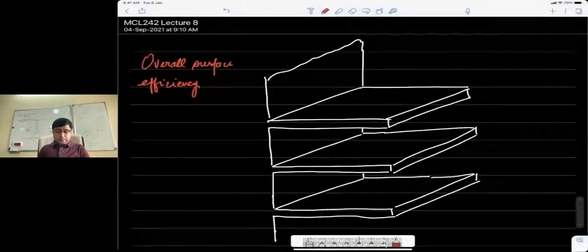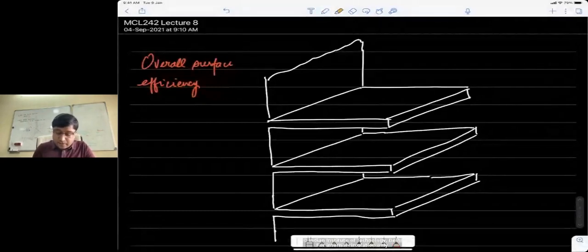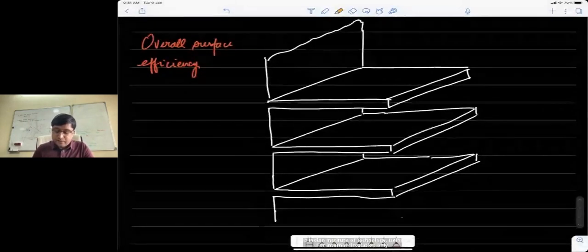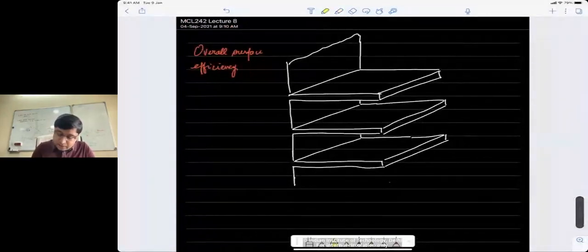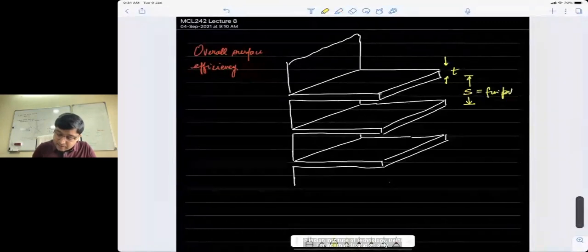And to describe what this efficiency is, if you look at this array of fins, let's say you have lots of fins put together on a surface, and we have some geometric features associated with these fins. For instance, their thickness is t, and let's say that the pitch, or the periodicity, of these fins is s.